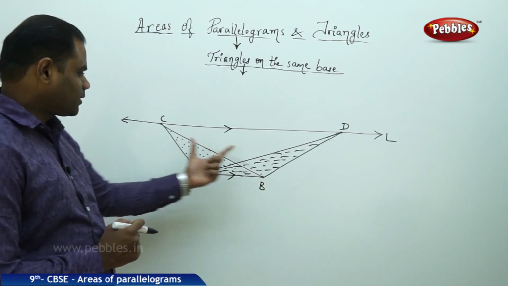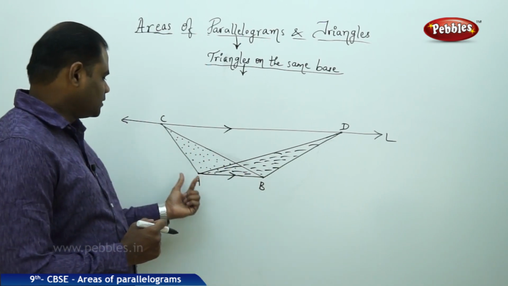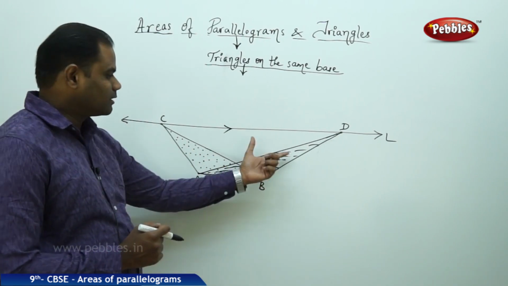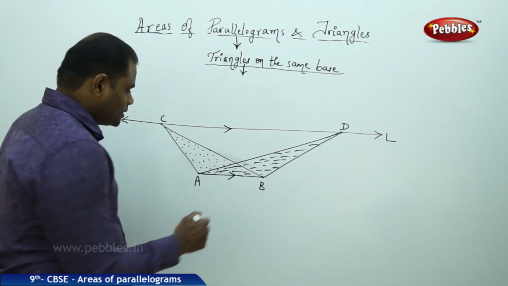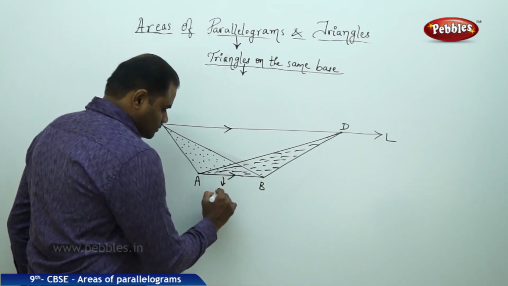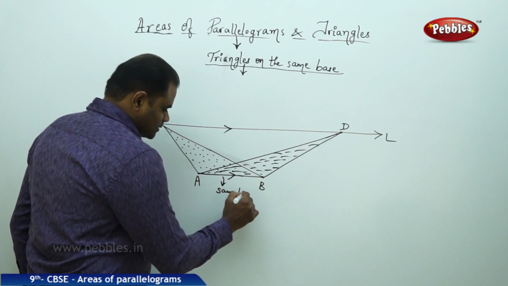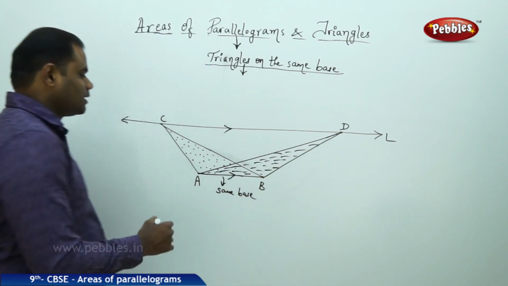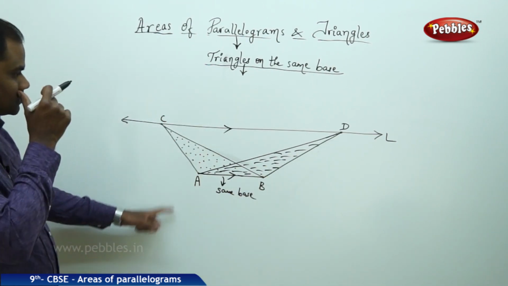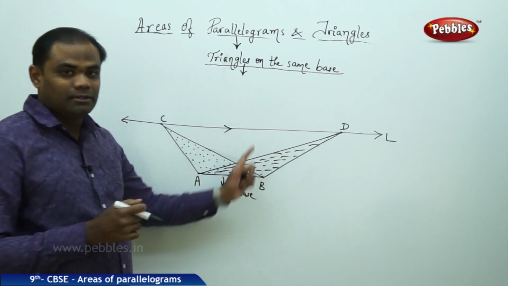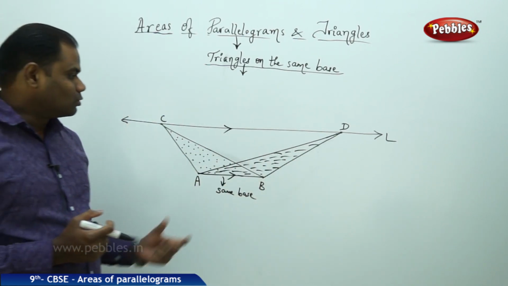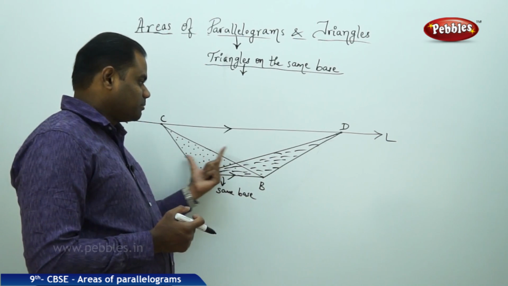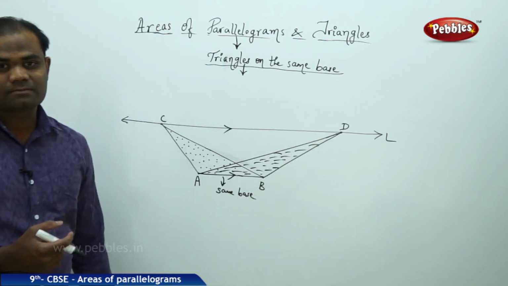Now as we see the two triangles, this triangle is on the base AB and the other triangle also on the same base AB. So here AB acts as the same base and they are between the parallel lines L and AB. These two lines are parallel. So triangles on the same base and between same parallels look like this.